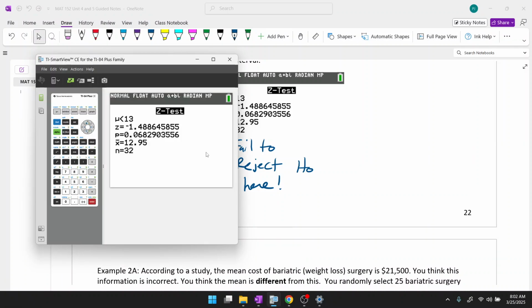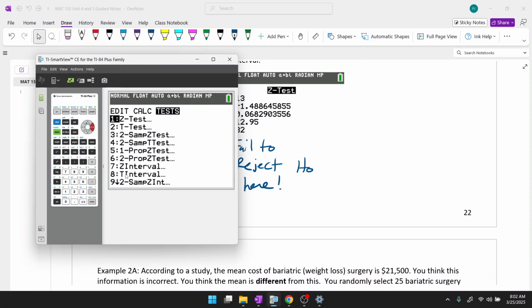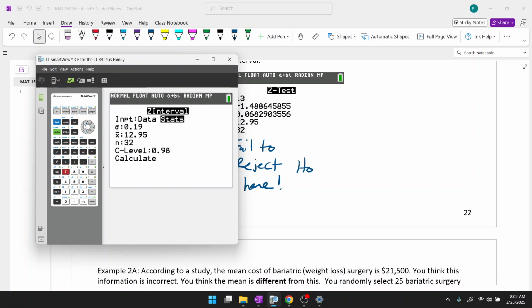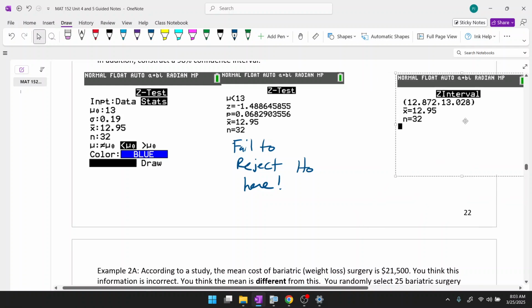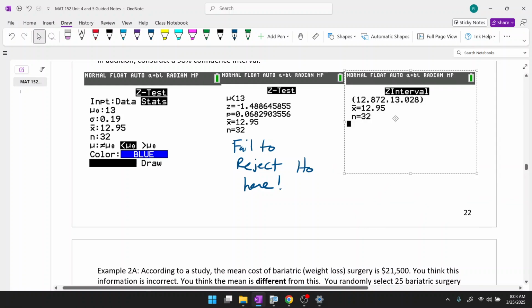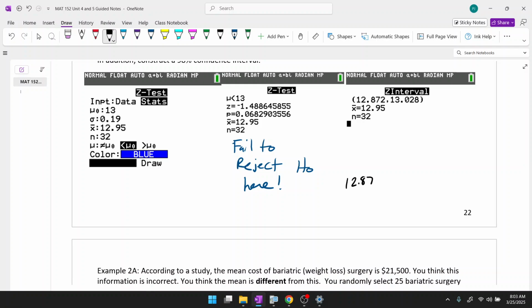Now, again, what it means to fail to reject the null is you just don't have enough evidence to believe that the population mean is higher or lower or whatever. And if we do the corresponding interval based on everything, we see that our confidence interval actually goes between 12.872 to 13.028.